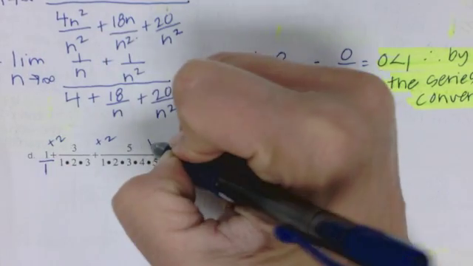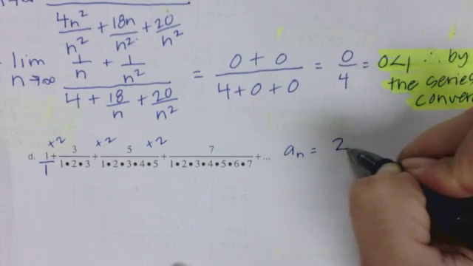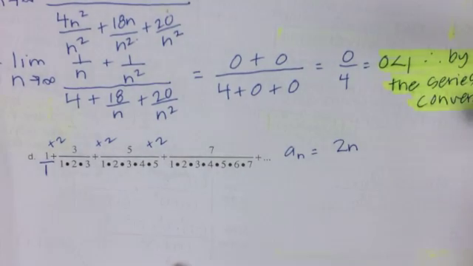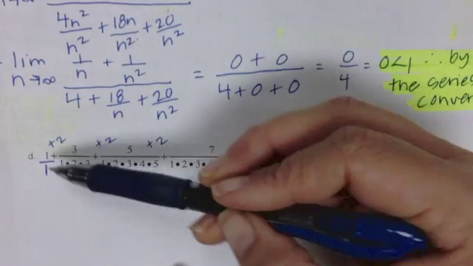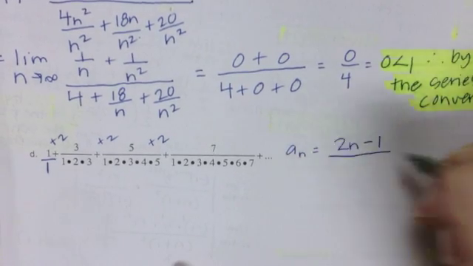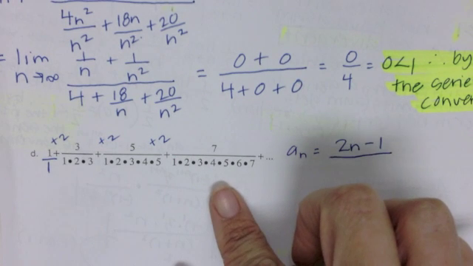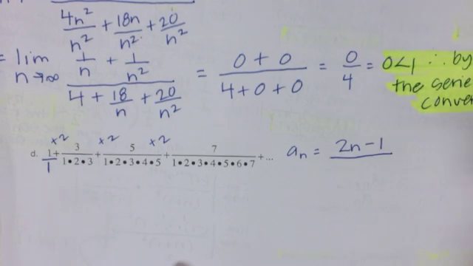So we learned that that's an arithmetic, so a sub n would be 2n, but because the first term when I plug in 1 isn't giving me 2, it's actually giving me 1, I need to subtract 1 to get to that. Obviously you guys can see that there's factorials going on here, but how the heck do you write that using n?